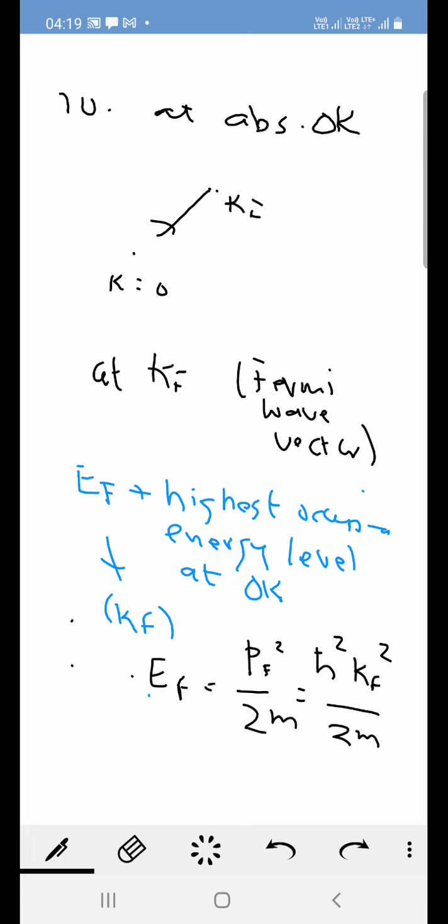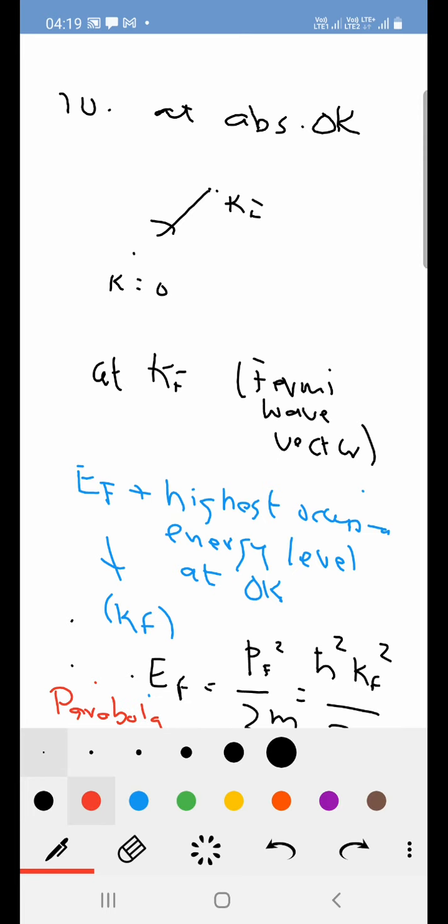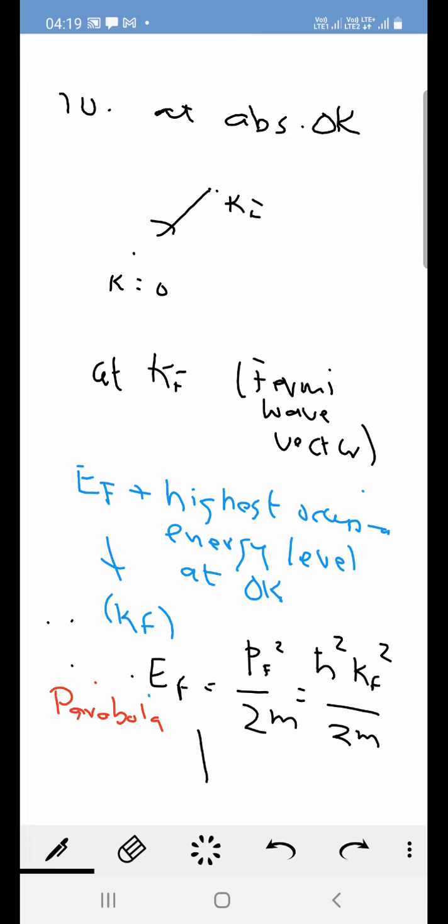This is the Fermi energy. This is the equation of a parabola, so if we plot E versus k, it will look like a parabola.